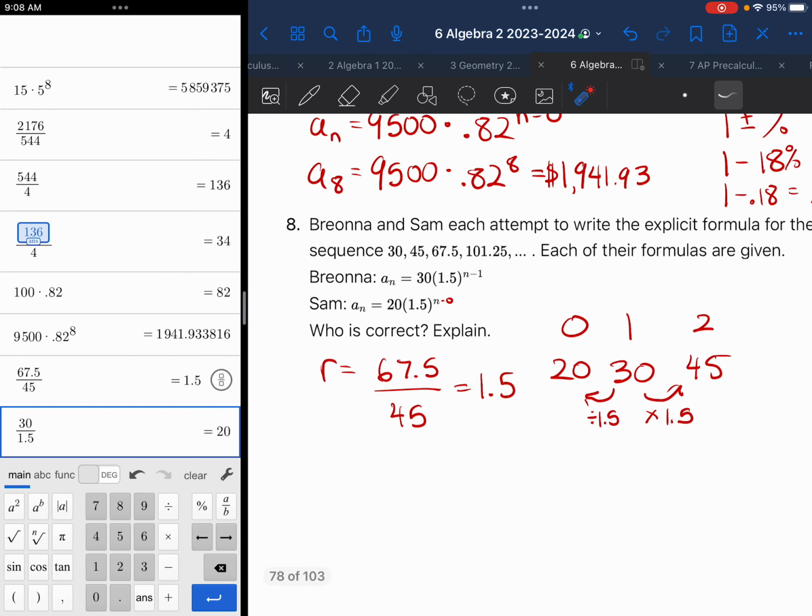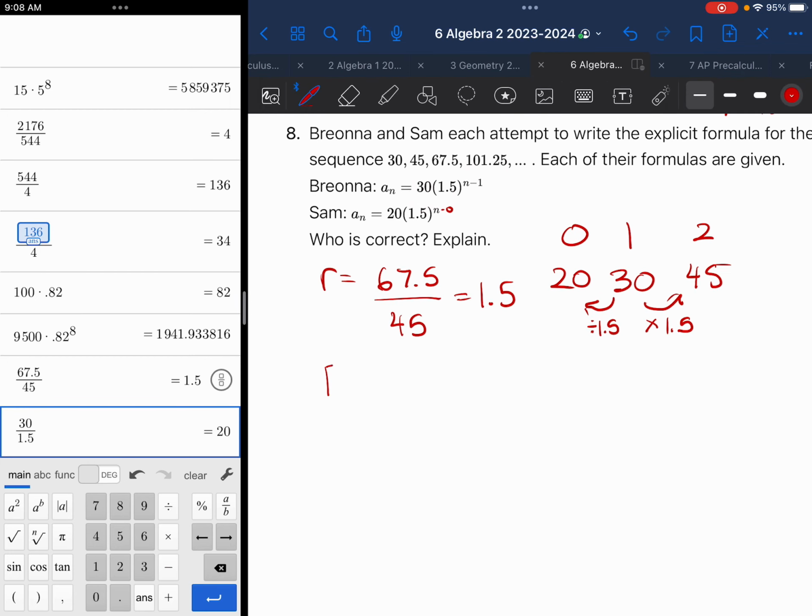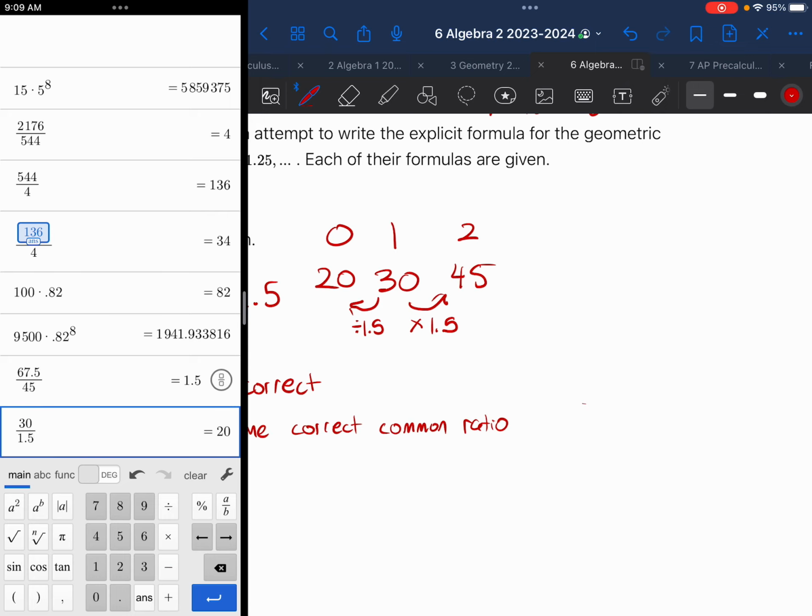So in my explanation down here, I'm going to say both are correct. Both have the correct common ratio. The common ratio in this case was 1.5. I'll say that here: r is equal to 1.5.